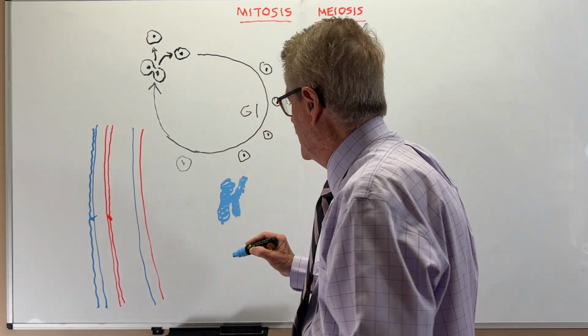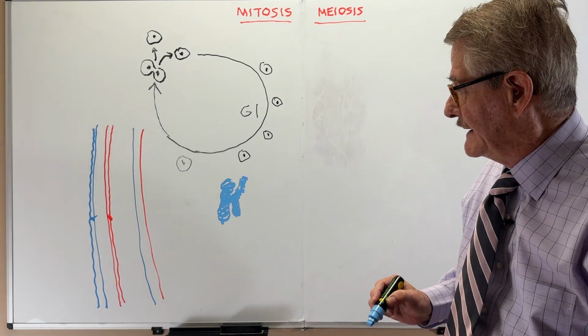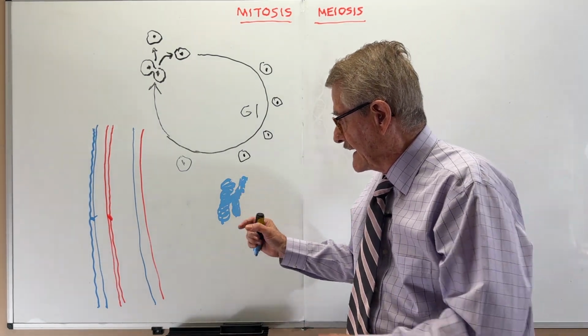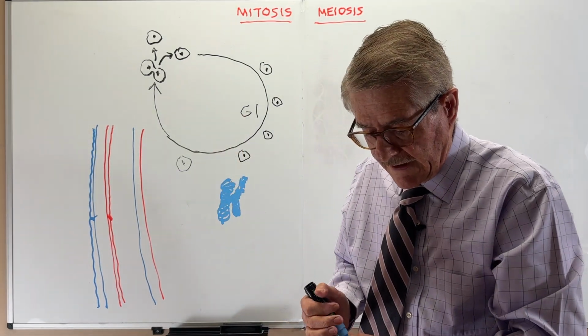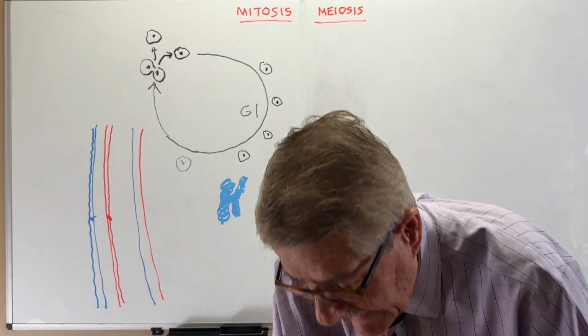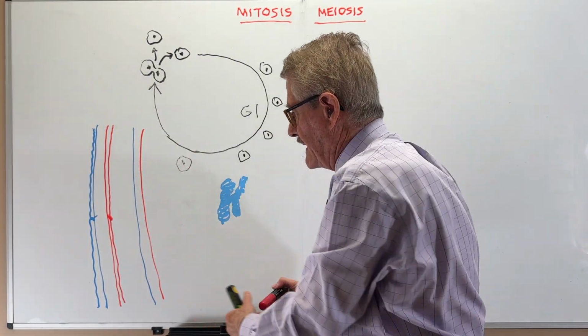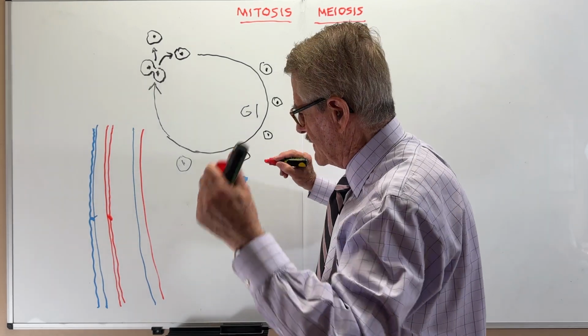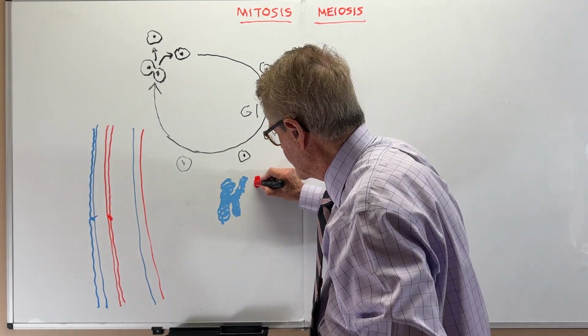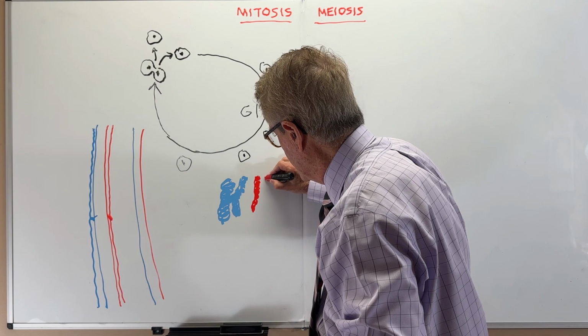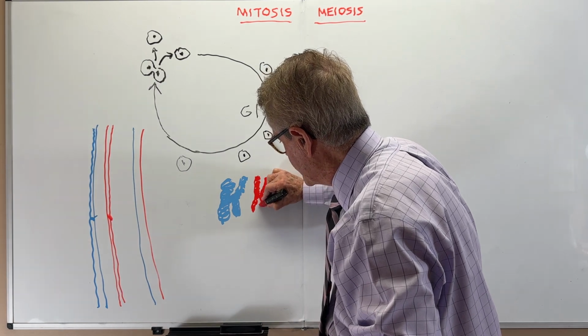Obviously, it does look duplicated. This is much shorter than it was before. And the female, actually the maternally derived chromosome, I should say, is also very much coiled.